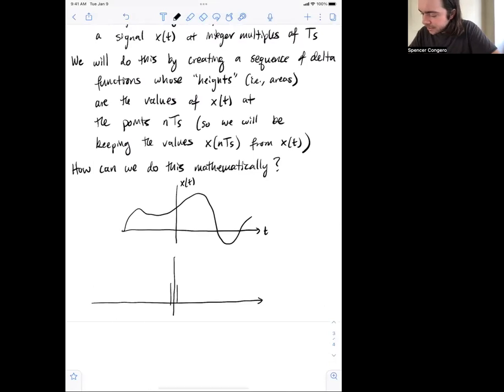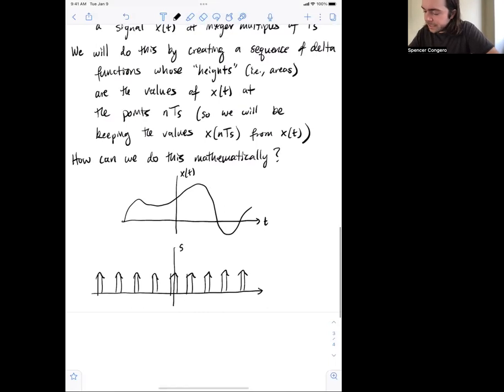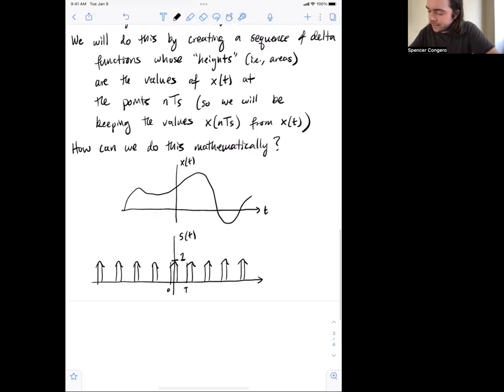So let me draw the impulse train. All right, so this is going to be my s of t. I'm going to take all these deltas to have height or area 1, and they're going to be located at integer multiples of T sub s, the sampling period.